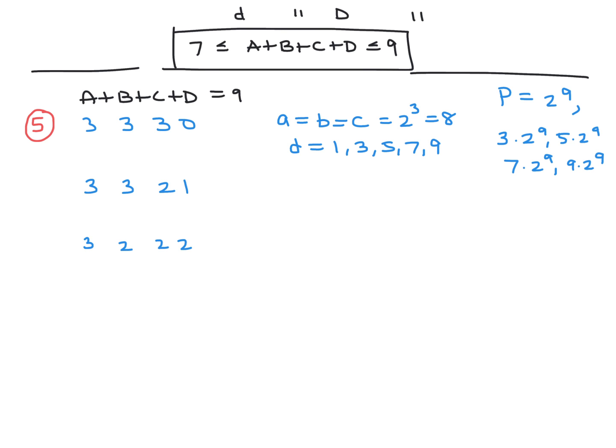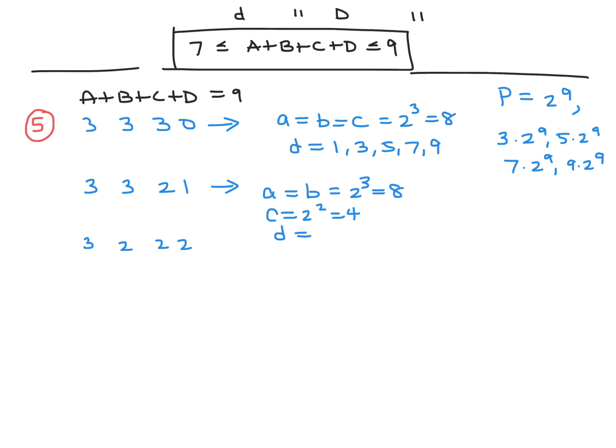And then this question just repeats like this again and again. So for this one, this is going to be a is equal to b is equal to 2 to the power of 3, which is 8. And then c is 2 to the power of 2, which is 4. And d has 1 factor of 2.